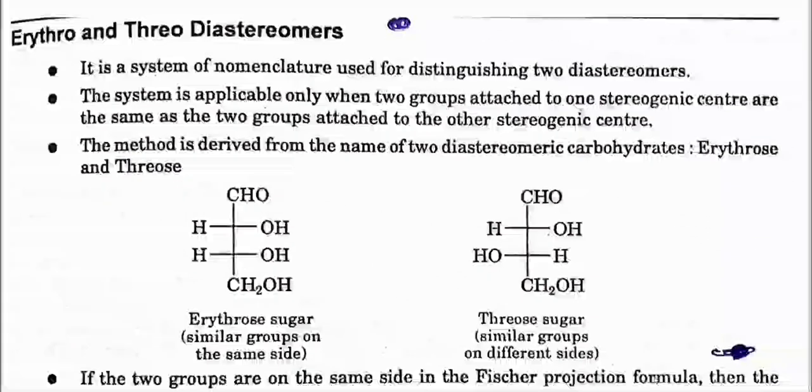Next, erythro and threo diastereomers. It is a system of nomenclature used for distinguishing two diastereomers. The system is applicable only when two groups attached to one stereogenic center are the same as two groups attached to the other stereogenic center. The method is derived from the names of two diastereomeric carbohydrates, erythrose and threose.